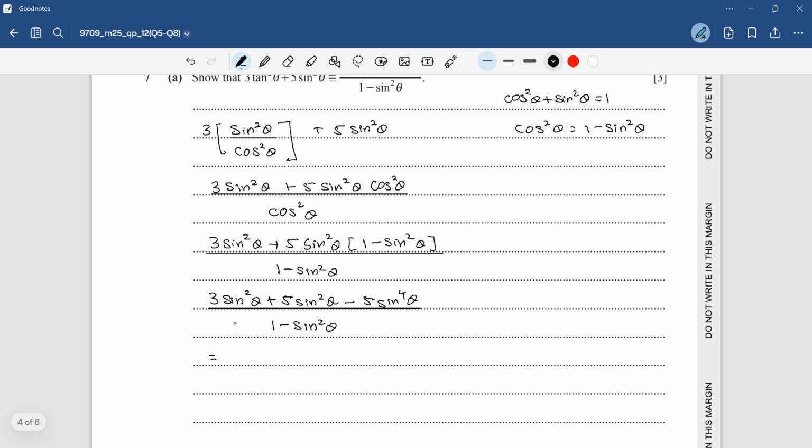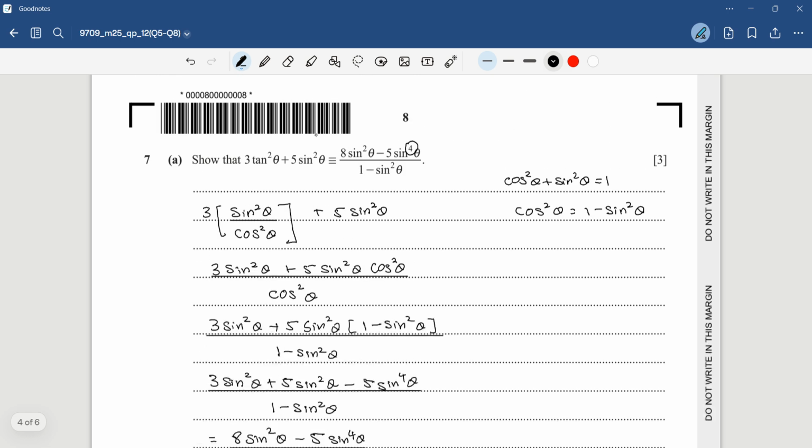So it's going to be 8 sine square theta minus 5 sine power of 4 theta over 1 minus sine square theta. So yes, we prove this.